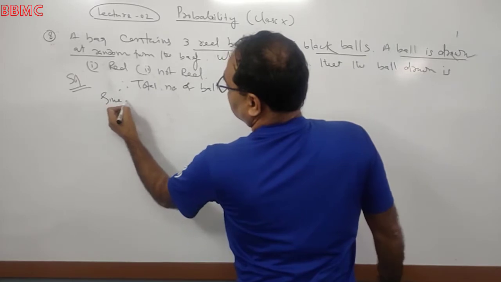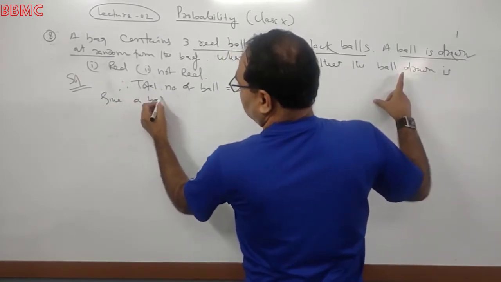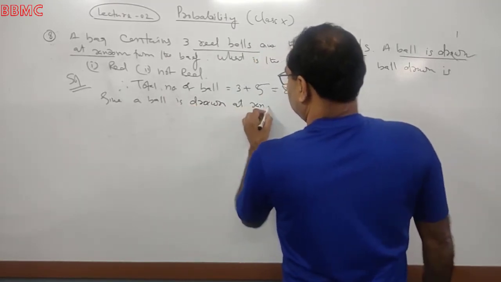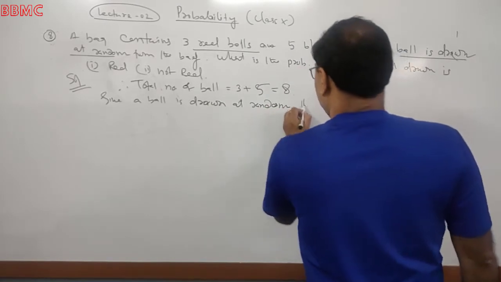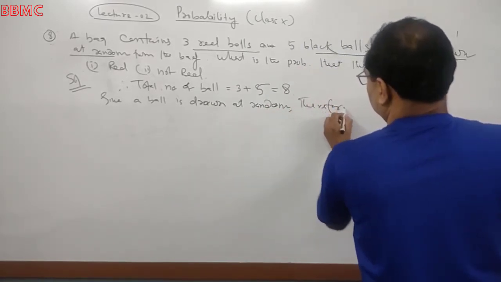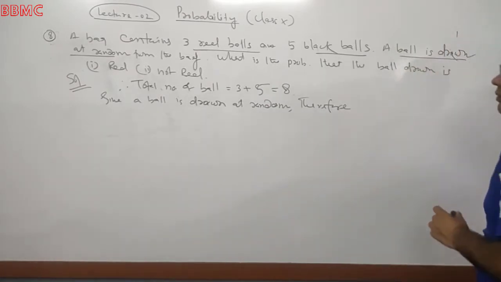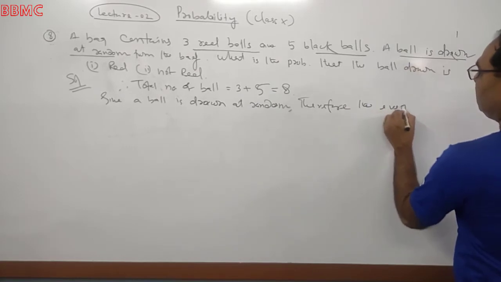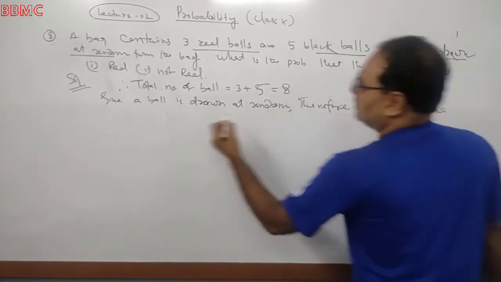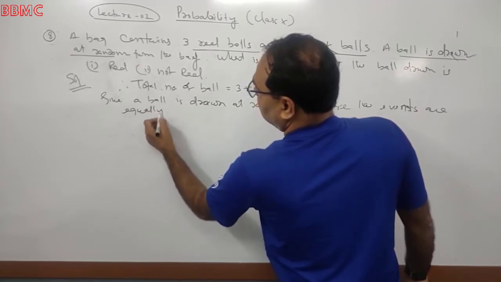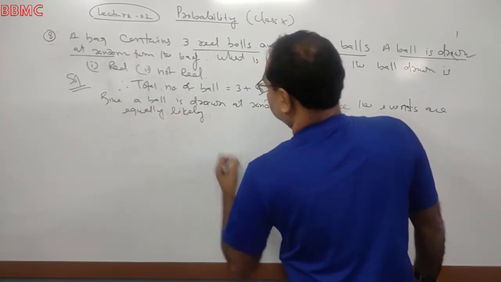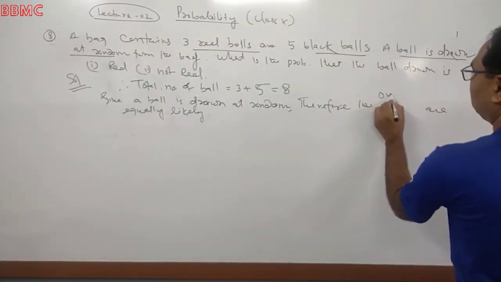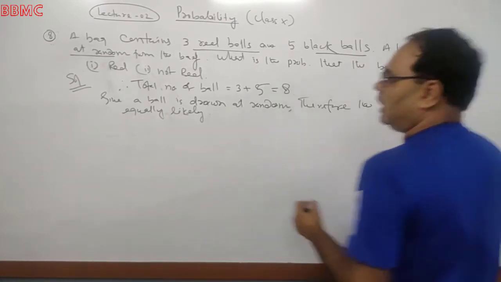Since a ball is drawn at random, therefore the events are equally likely, therefore the outcomes are equally likely.